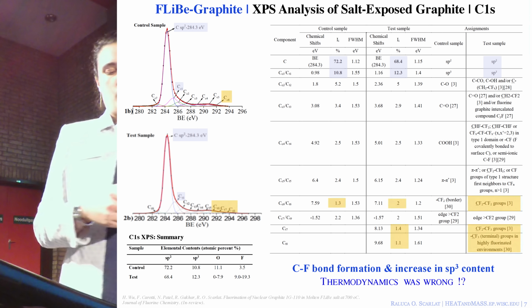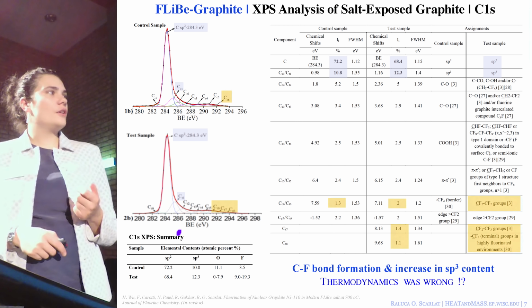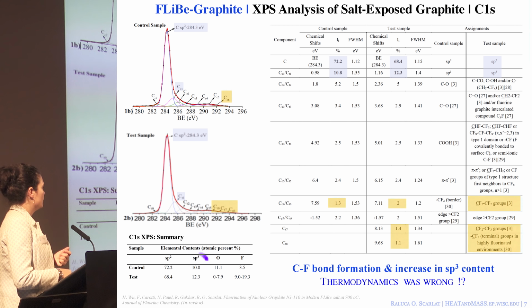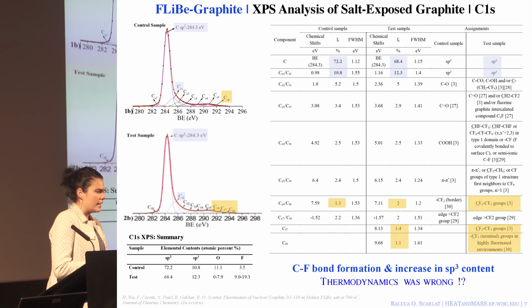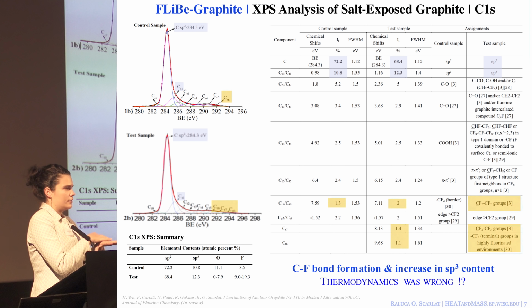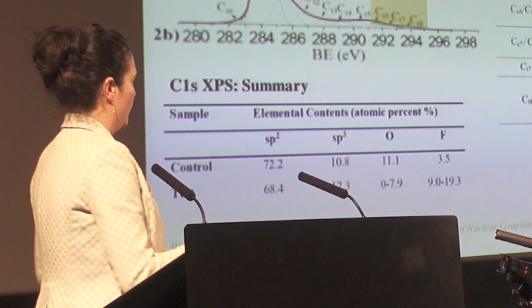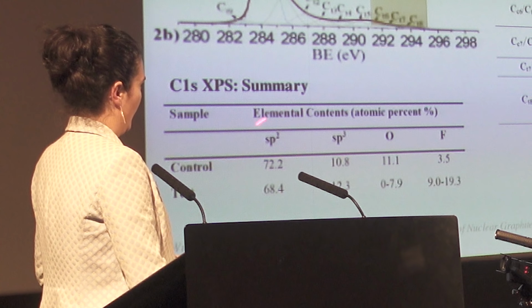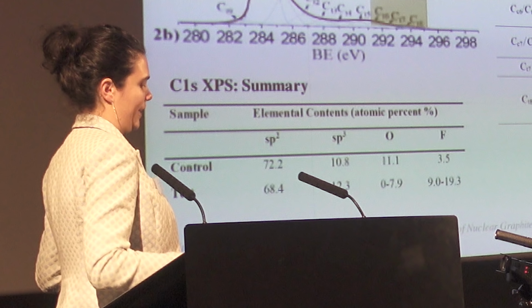And furthermore, what we see is that there's a shift in the sp2 to sp3 ratio. So sp2 relates to planar sheets of graphite. Graphite is made from hexagonal flat sheets that stack on top of each other. And in order for those sheets to be flat, they have what we call an orbital hybridization of sp2 planar.